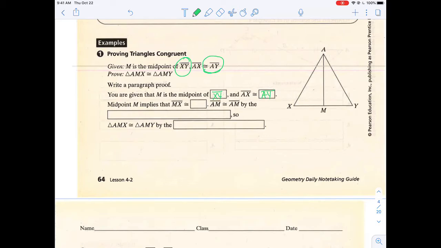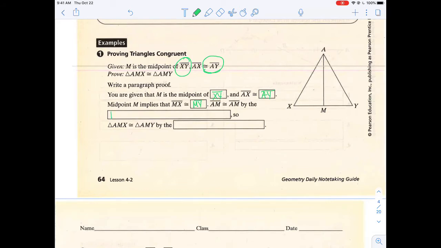The midpoint M implies that MX is congruent to MY.